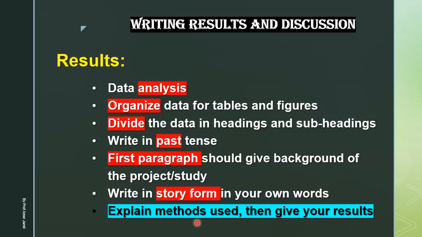Because in materials and methods you do not mention any such thing. There you only mention what methodology you used. Here you are explaining that methodology so that you can emphasize the significance of your results.